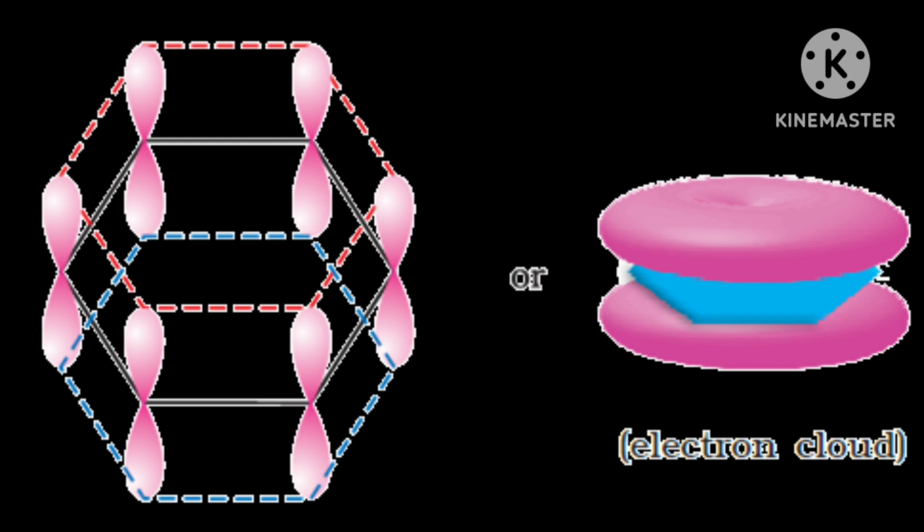The internuclear distance between all the carbon atoms in the ring has been determined by X-ray diffraction. By the use of X-ray diffraction, this distance can be measured, and it is found to be the same.